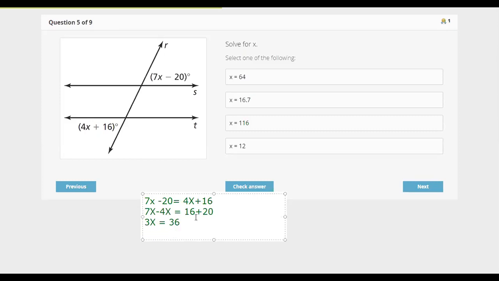Then we will divide both sides by how many? By 3. So the answer will be equal to 12. So first of all, we have to mention the relation. If you mention the relation between the two angles, you will solve it as a normal equation.